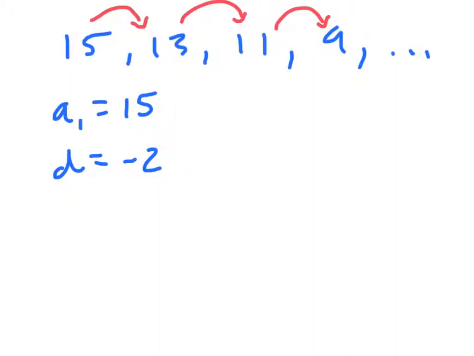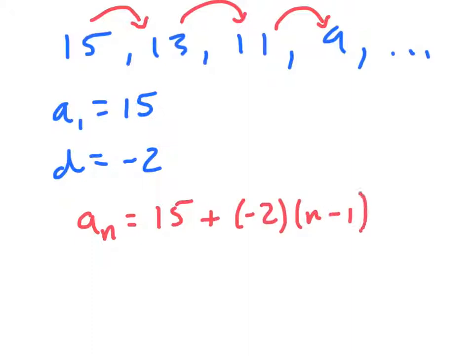So let's come up with our general formula. I know a sub n equals my first term, which is 15, plus negative 2 times n minus 1. Or I could write that as 15 minus 2 times n minus 1. So this now is my generic formula for this sequence. So I can now figure out what is the nth term.